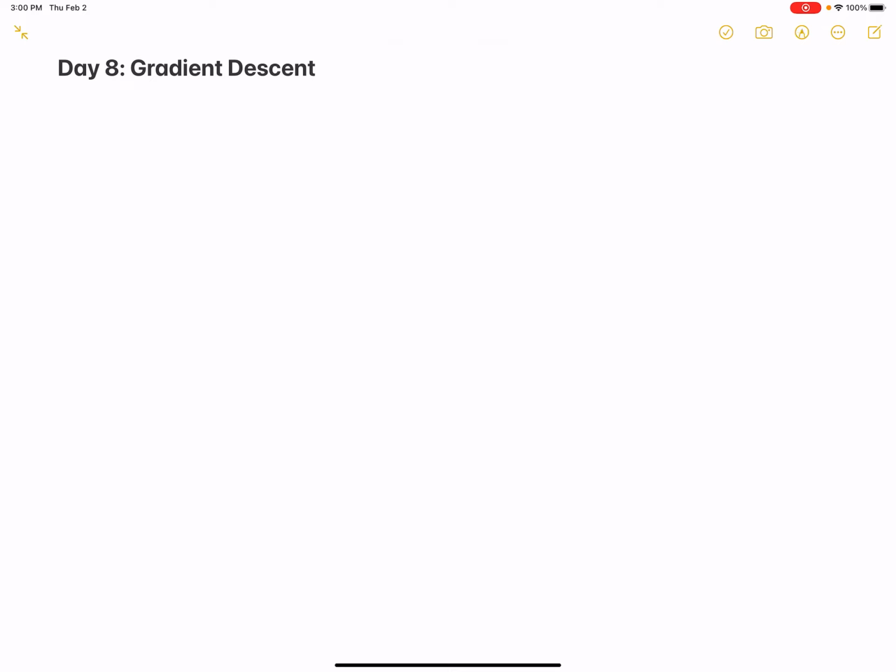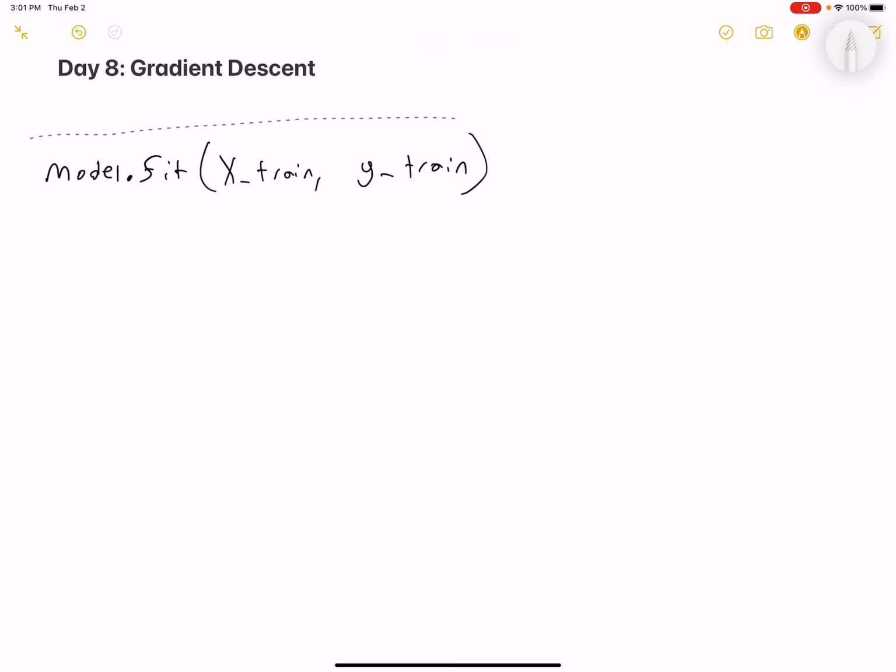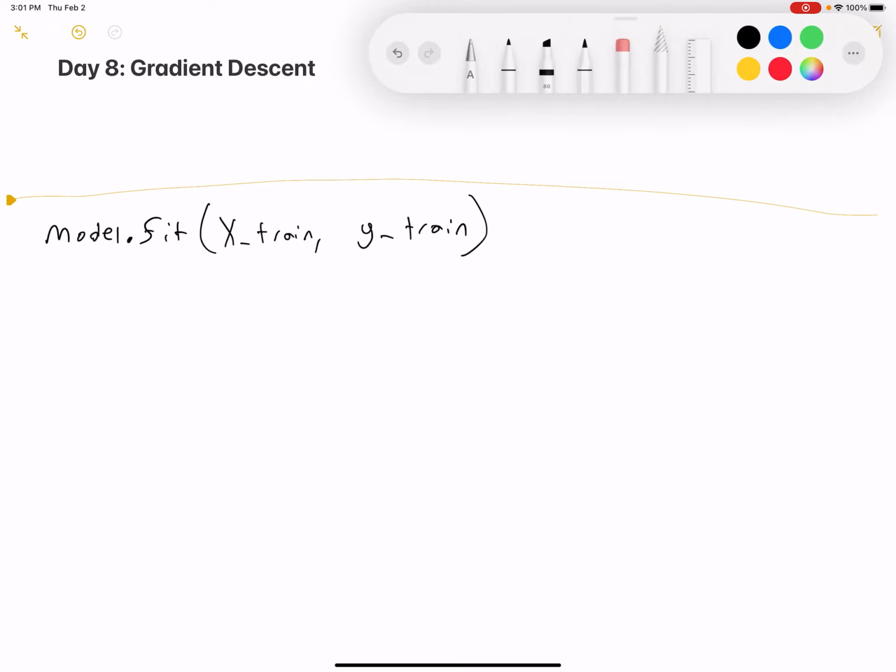To motivate this, when you write scikit-learn, you do all this stuff, and eventually you call model.fit, where model is your model object, and you write X train, and you pass Y train. The model learns. We've never learned actually what happens when we call this.